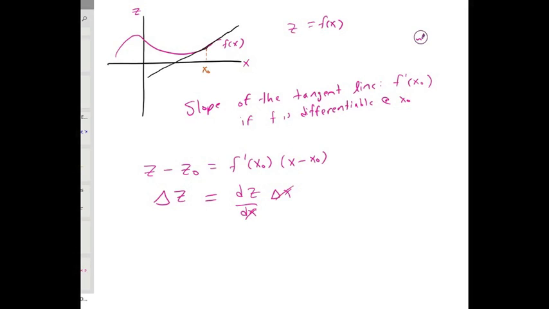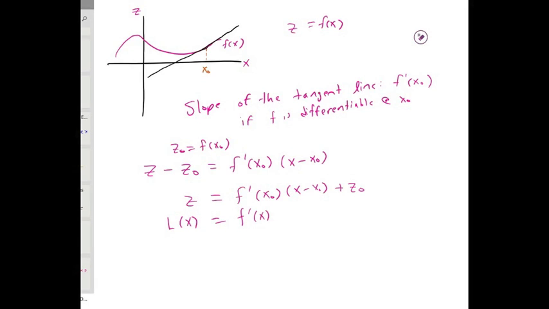So you can see these kind of cancel, and we get delta z equals dz, so that's kind of why this works for very small changes from x0. z0 is just f of x0 in this case, so you could also write this as z equals f prime of x0 times x minus x0 plus z0. And we call this the linear approximation for f at x0.